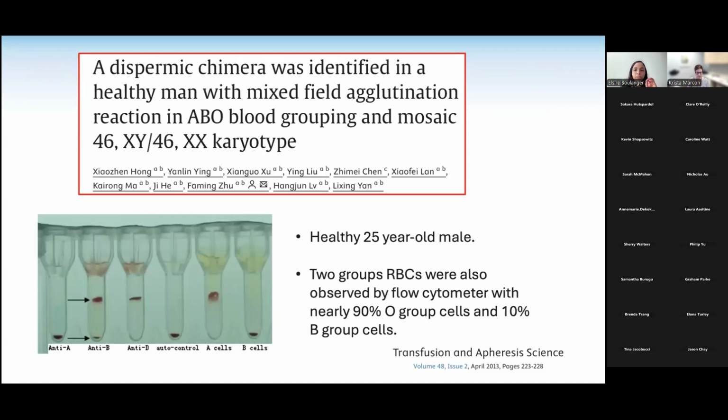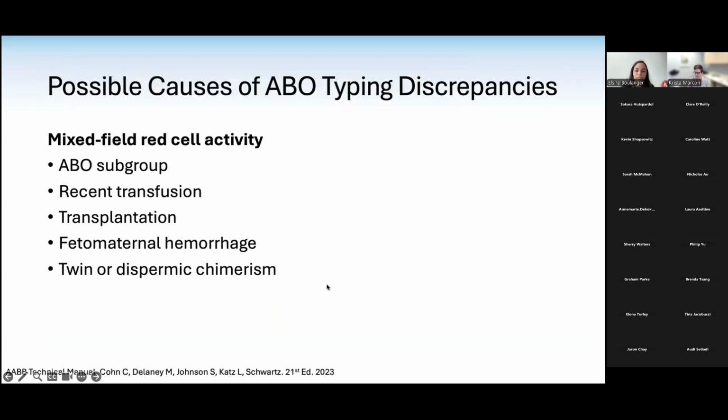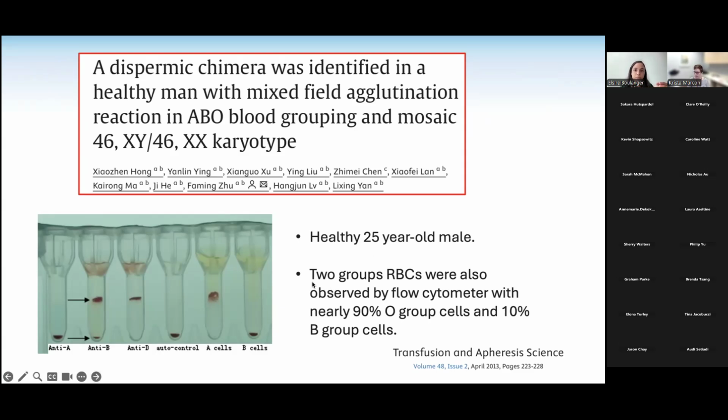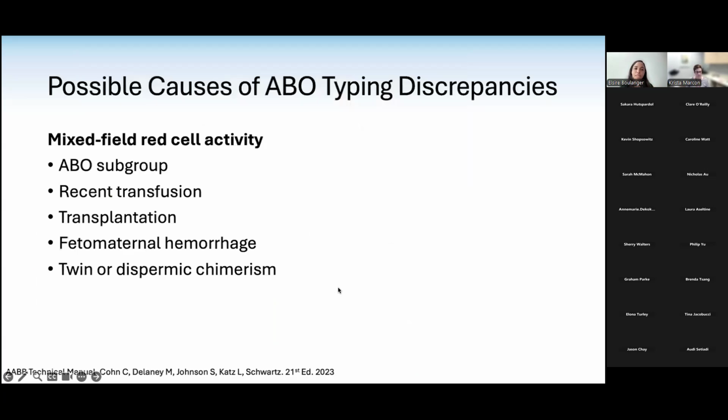And this was another case, of a healthy 25-year-old male, where we were seeing two different groups in the forward typing with anti-B. So there's a mixed field here, but the patient still produced anti-A. This was a very special case of a dispermic chimera. If we encounter one case like this, we will have to publish it because it's very, very rare. But it's one of the causes of mixed field that we can have.